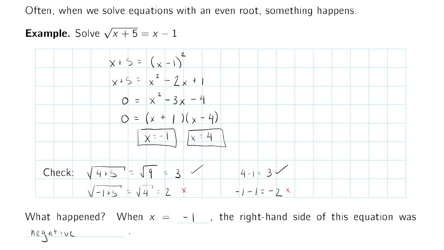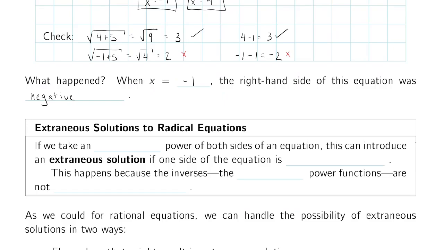When we have a solution that shows up in the solving process that wasn't actually a solution to the original equation, that's an extraneous solution. If we take an even power on both sides of an equation, this can introduce an extraneous solution if one side of the equation is negative.